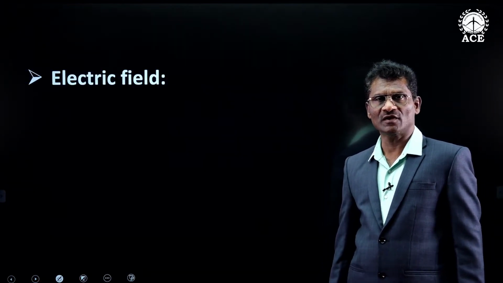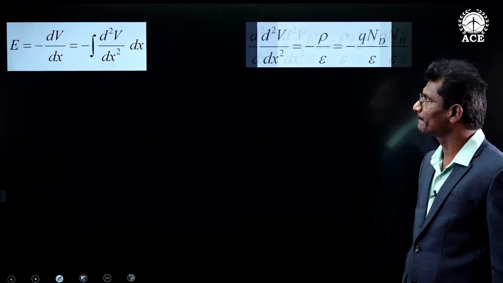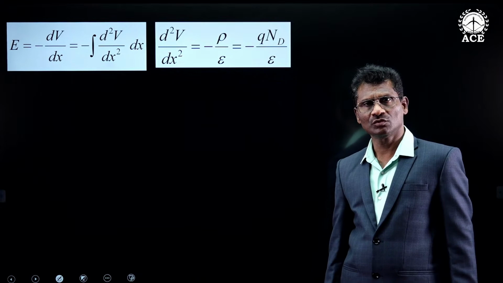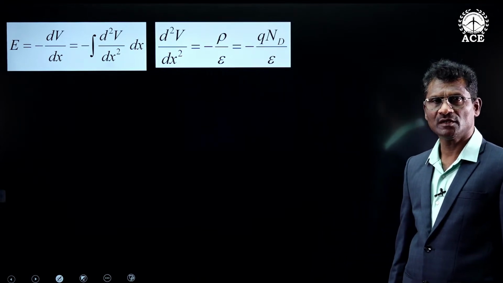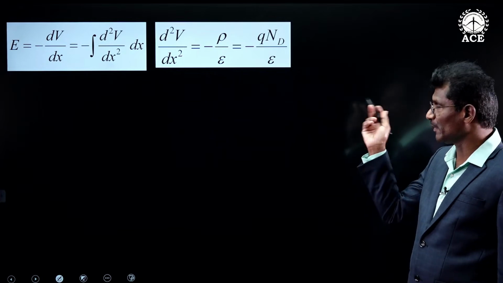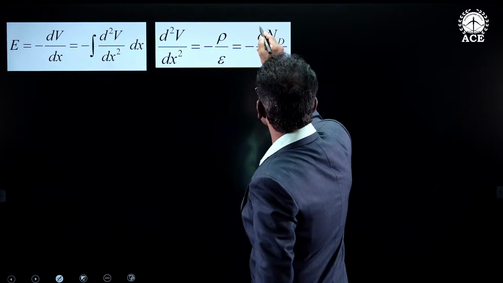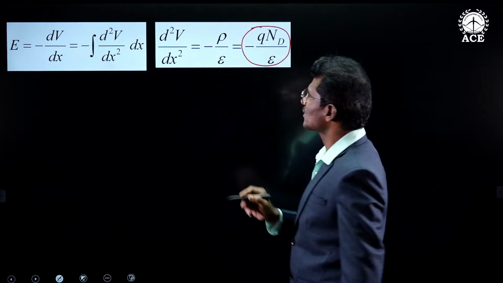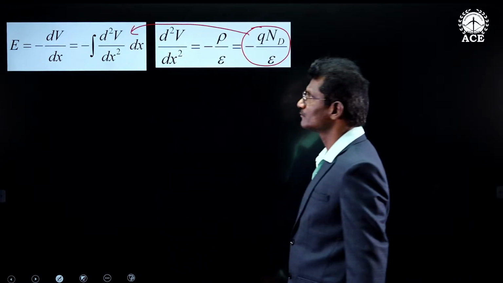Electric field by definition is minus dV by dx. Just now we have modified Poisson's equation d square V by dx square as minus q Nd by epsilon. Now this value of d square V by dx square we will substitute into this equation.